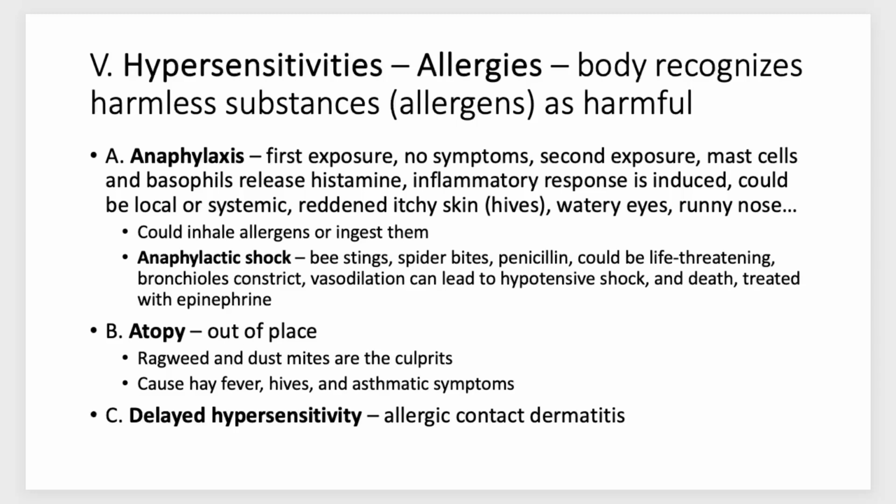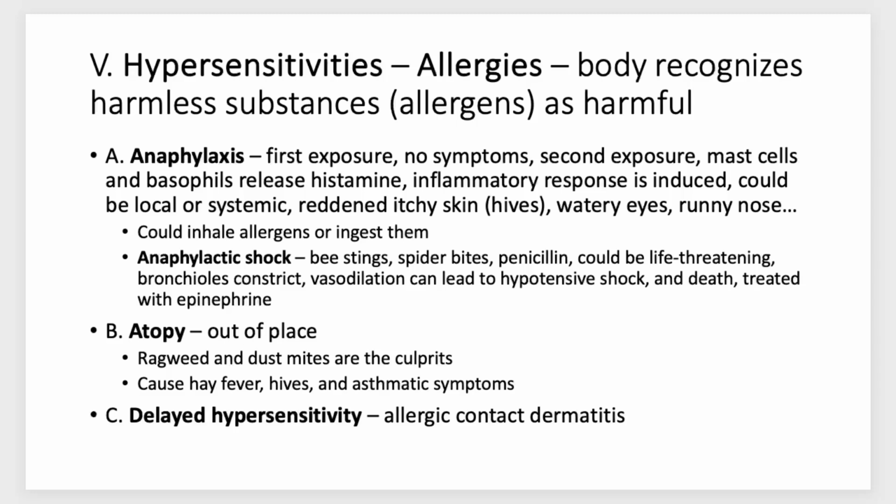So the way an EpiPen works is epi stands for epinephrine. So it gives you a dose of epinephrine, and what that does is it relaxes the muscles in the airways. So that's going to allow you to breathe better, so you don't have this constriction of your bronchioles that could literally cause you to suffocate and have the shortness of breath.